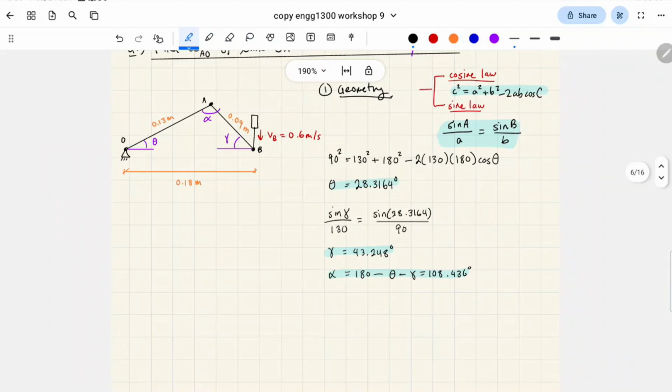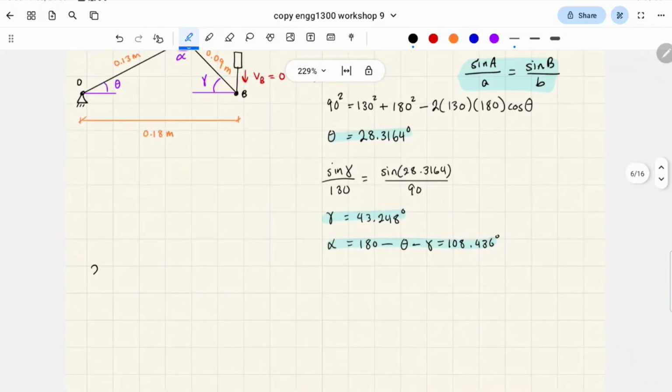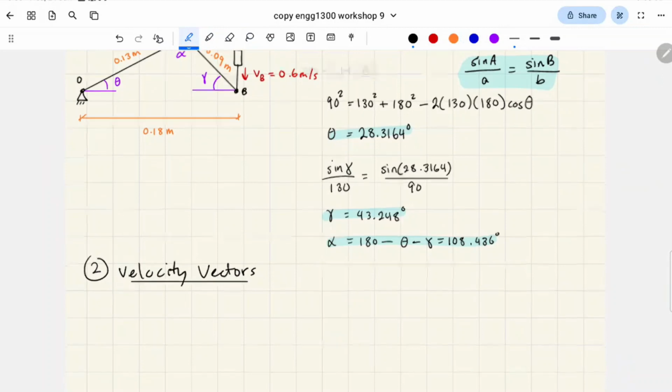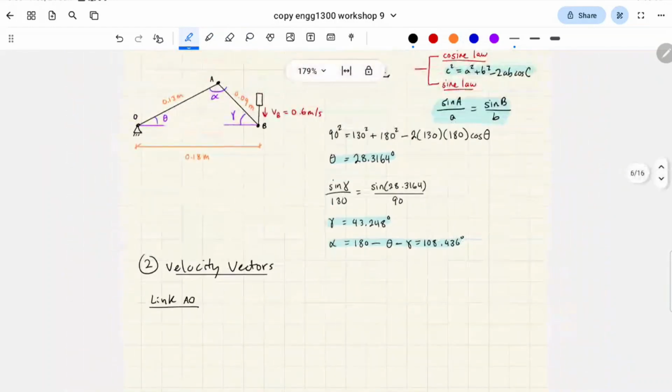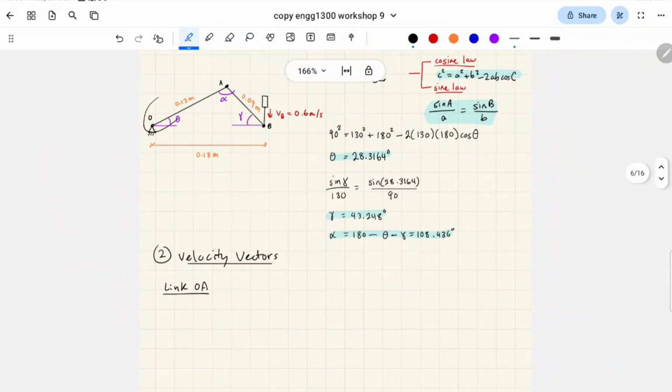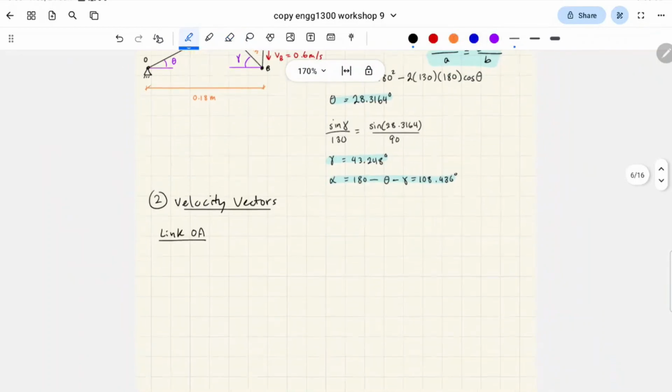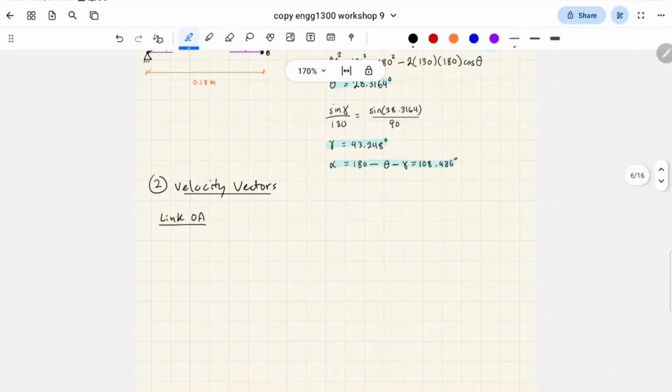Okay. So next, I like to think about the velocity vectors. And I like to draw them as well. So link AO, I might call that link OA actually. So that's going from O to A, right? Let's draw it out.